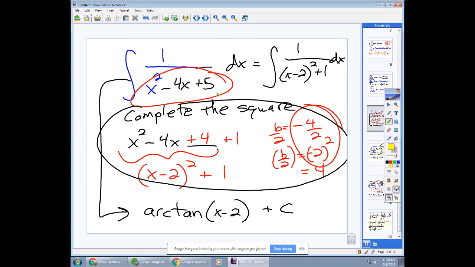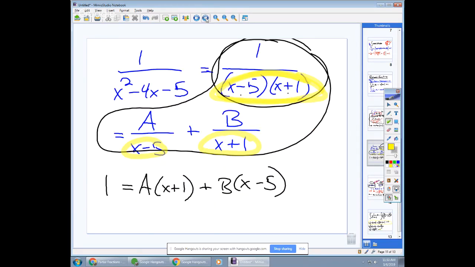This one doesn't factor. i is going to be involved in it. Because if you think about if we were solving this and we brought that 1 to the other side of an equation, we get -1, just the square root of -1. So if i is involved, the arctangent has something to do with it. As I mentioned before, trig functions and i are related to each other in a very interesting way. That was shown in Calc 3.